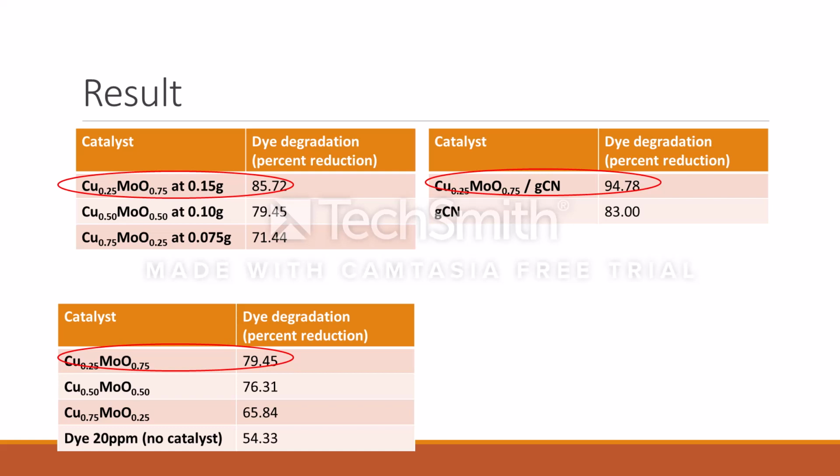Then we mix with the graphite, and the percent reduction increases more, up to 94.78%. We can show the catalyst synthesized reduces the dye based on this result. The copper molecule mixed with graphite has the highest percent reduction.